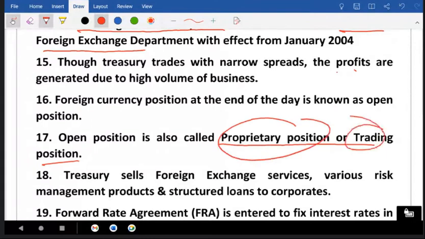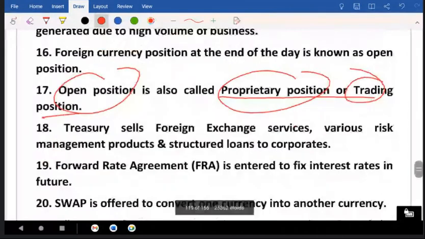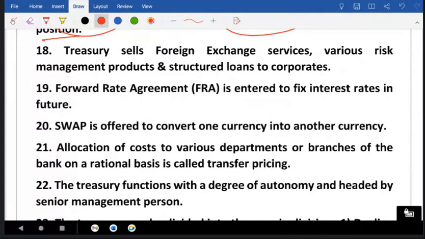Now treasury sells foreign exchange services, various risk management products, and structured loans to corporates. And one more important point is coming here, that is called forward rate agreement, FRA.